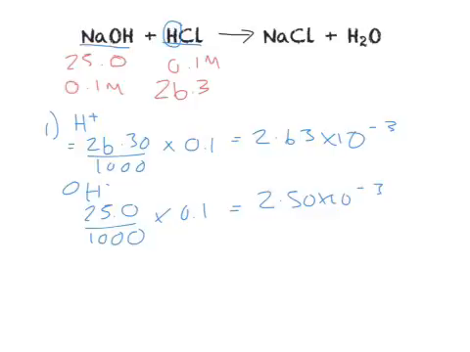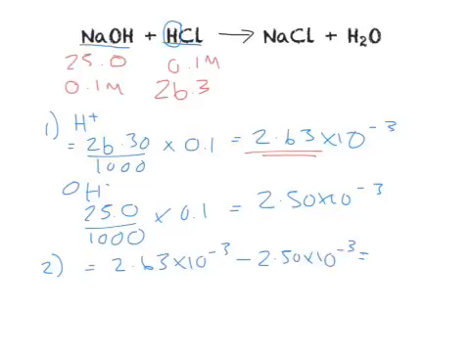So this time we can see that it's actually the hydrogen ion that's in excess. So we just need to work out how much exactly is in excess, and if we put that into our calculators it comes out as 1.3 times 10 to the minus 4. Step 3 is about calculating the total volume.